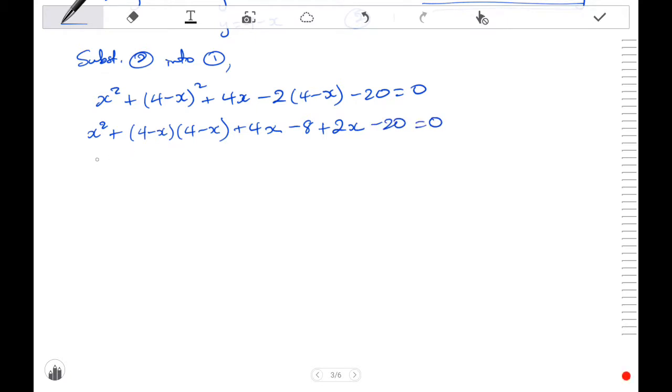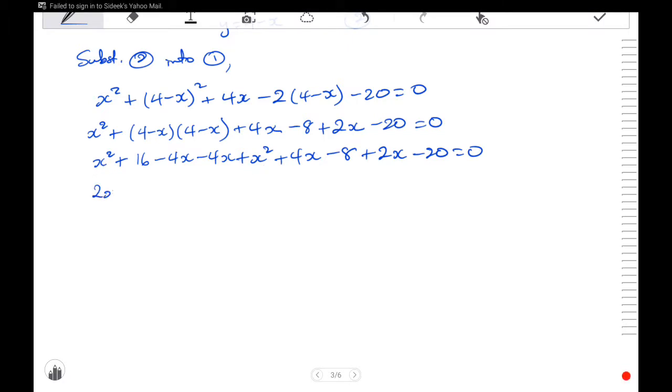Now we expand here: x squared plus 16 minus 4x, minus 4x plus x squared, plus 4x plus 8 plus 2x minus 20 equals 0. Right, and we just simplify. The x squared terms: x squared plus x squared is 2x squared.